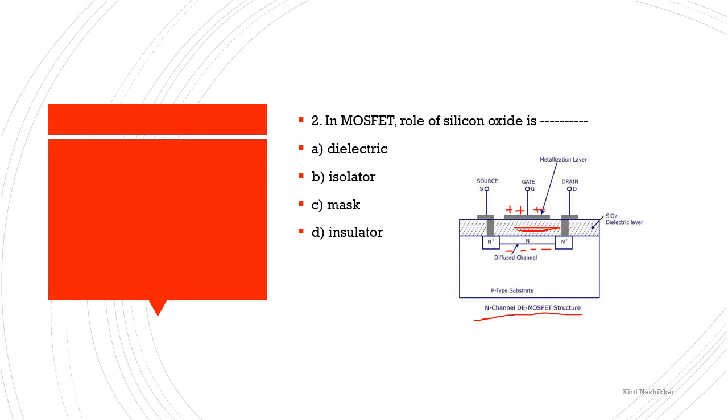For separation of these two plates, we are having the SiO2 layer between them, and it is acting like the dielectric medium between these two plates of the structure, which is working like a capacitor structure. Here are the two opposite charge plates which are separated by the SiO2 layer. So that's why the SiO2 layer is acting like the dielectric medium between these two.